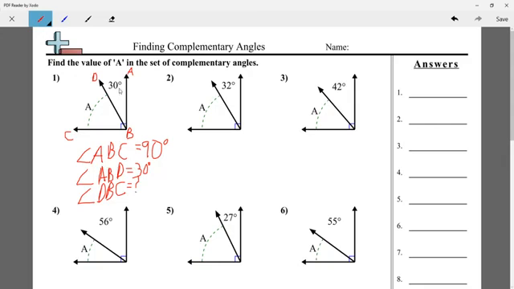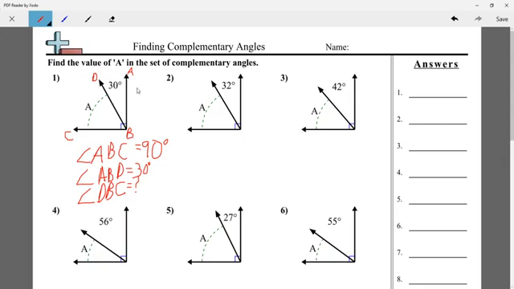But, so if this ABC is 90 and ABD, this angle, is 30, then that means ABD, this angle, plus this angle has to equal ABC.